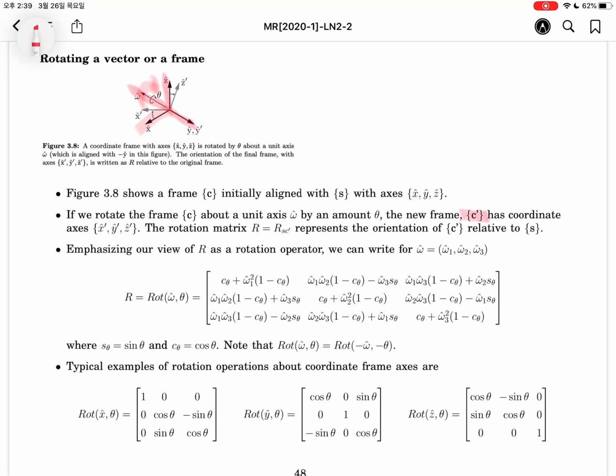Is it right? Because the rotation about the axis will make another description of the frame. Okay, in here, the rotation matrix is assigned as R_SC prime, the rotation of the C prime relative to the space frame or fixed frame. If you know the unit vector of the direction of the rotation axis and the rotation angle theta, then we can define the rotation matrix as a general form.